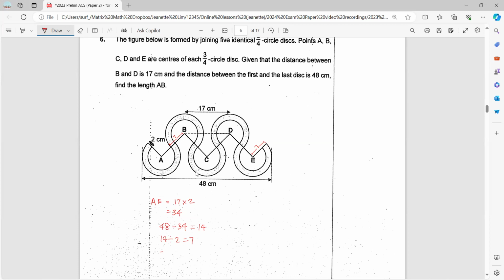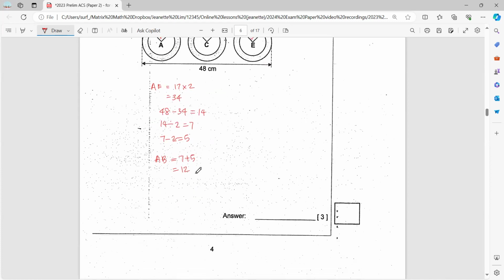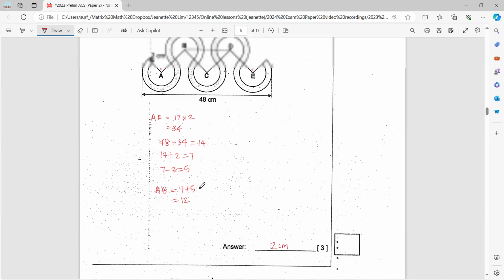So 7 minus 2, which is 5. So this part here is 5 cm. So what is AB? AB is 7 plus 5. Answer 12 cm. Okay, so don't forget to write your units. This is 12 cm.